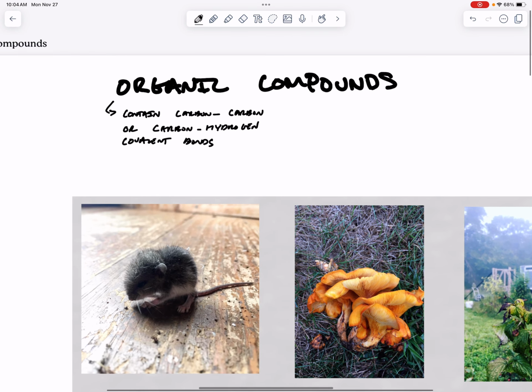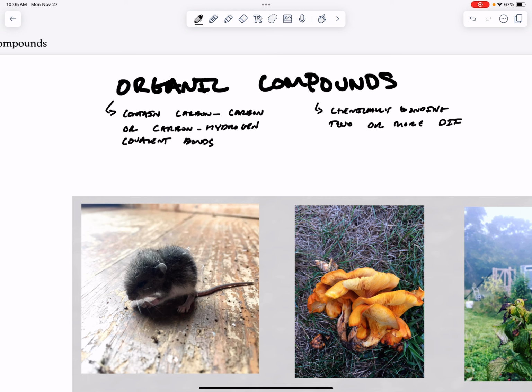And I don't know if we defined a compound, but a compound is chemically bonding two or more atoms together of different elements. Two or more different elements.